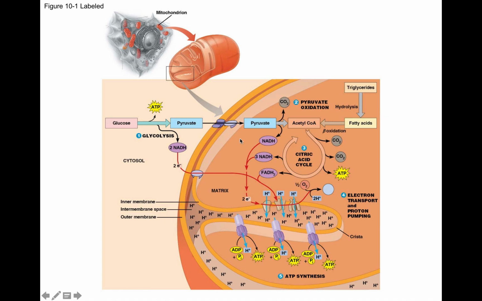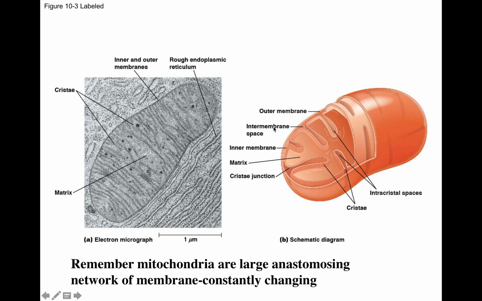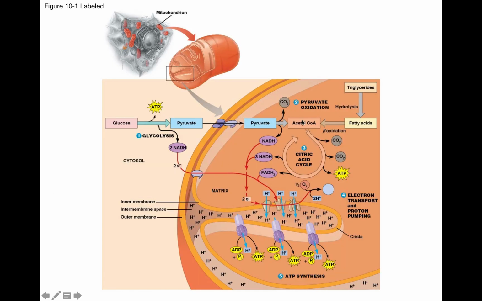And in the matrix, pyruvate is decarboxylated. CO2 is removed. This is some of the CO2 that you breathe out. It happens from this procedure. Then that generates an acetyl-CoA molecule, which gets added to a 4-carbon molecule in the citric acid cycle. It's decarboxylated twice, so that 6-carbon molecule becomes a 4-carbon molecule and then goes around that cycle again.